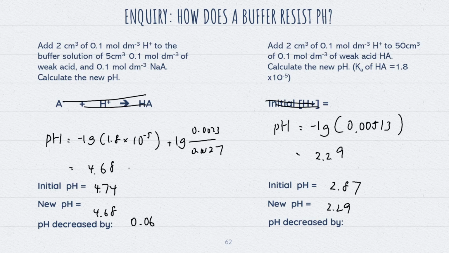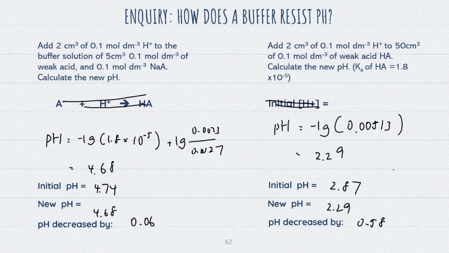This proves the point that the buffer solution is able to resist pH change when a small amount of acid is added to it. But on the other hand, for the control setup which does not have buffering properties, the pH change was rather significant when only 2 cm cube was added to a big solution volume of weak acid.